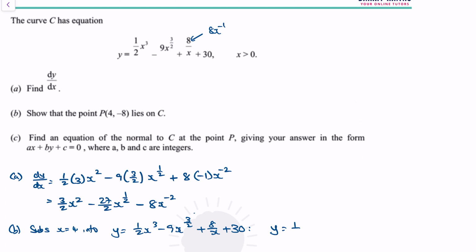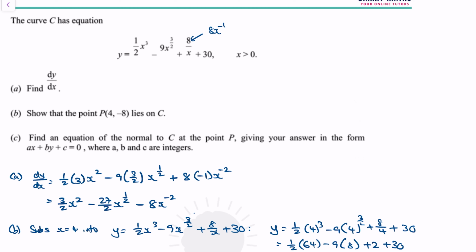y is equal to half times 4 cubed minus 9 times 4 to the power of 3 over 2 plus 8 over 4 plus 30, which is the same thing as half times 4 cubed is 64, minus 9 times square root of 4 is 2, 2 cubed is 8, 8 over 4 is 2, plus 30.